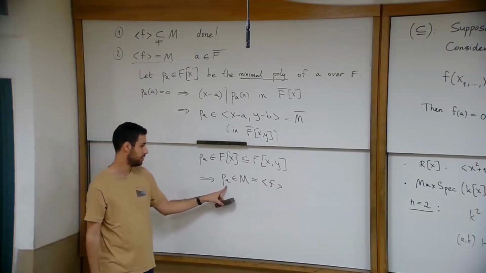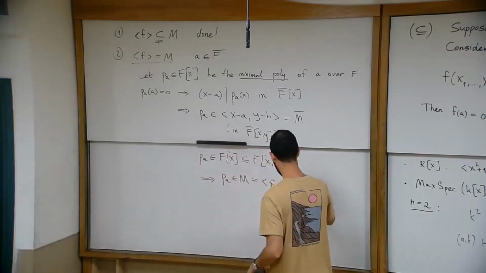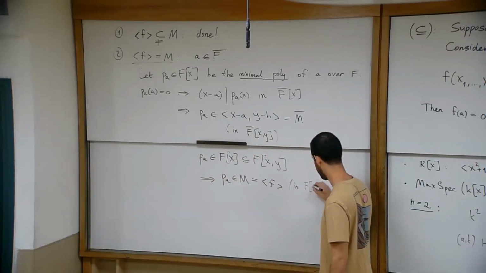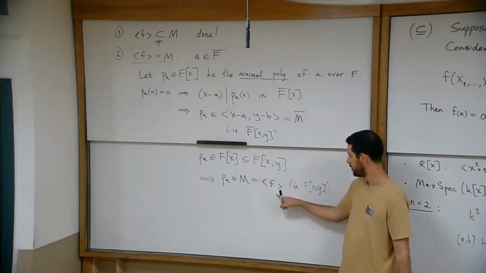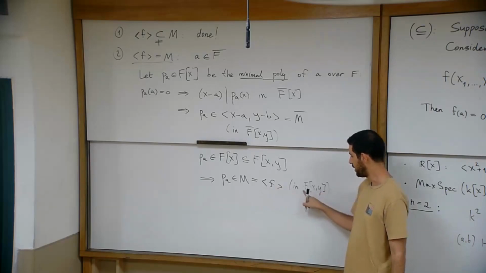Okay, so what does it mean? That means, and this ideal is generated where? In F xy, not F bar. Right, so this is an ideal of the ring F xy.